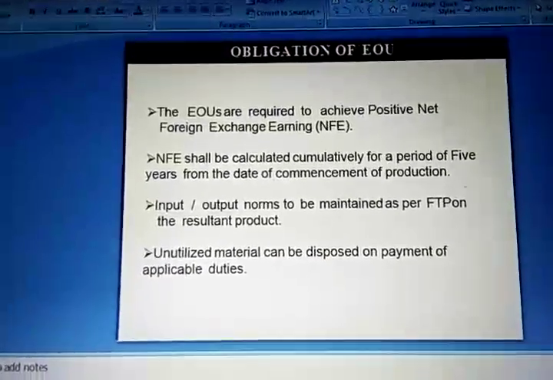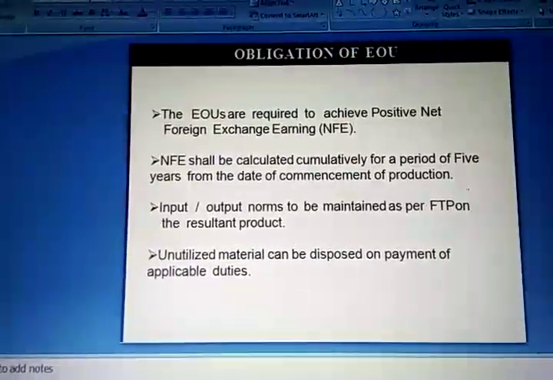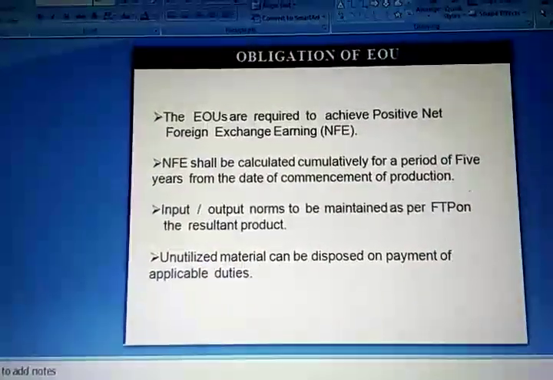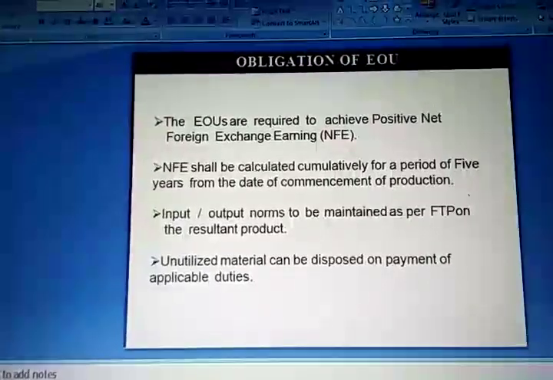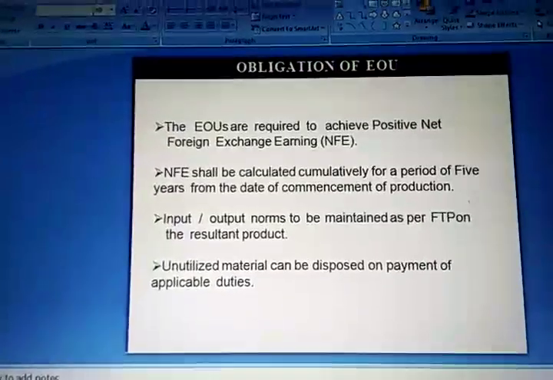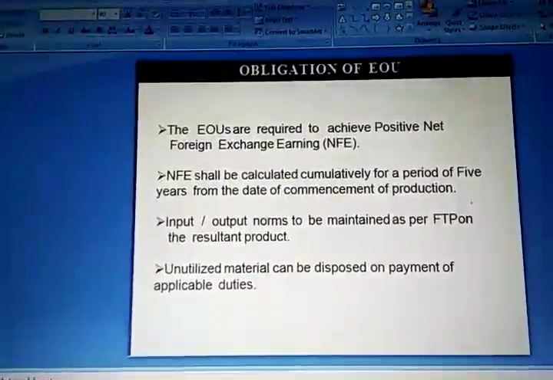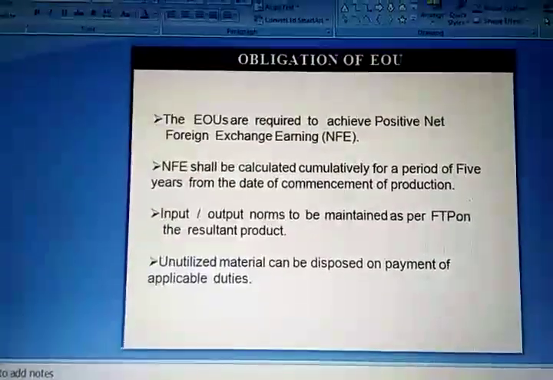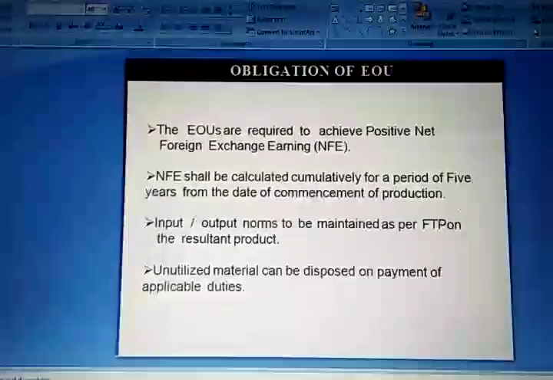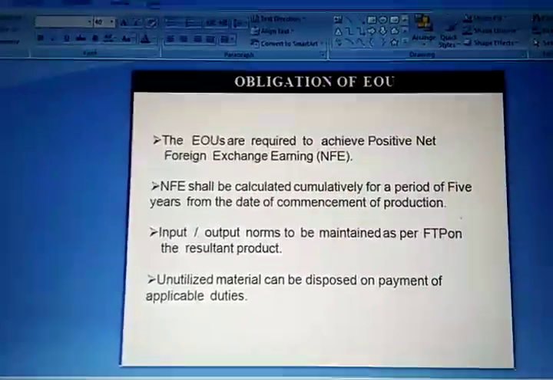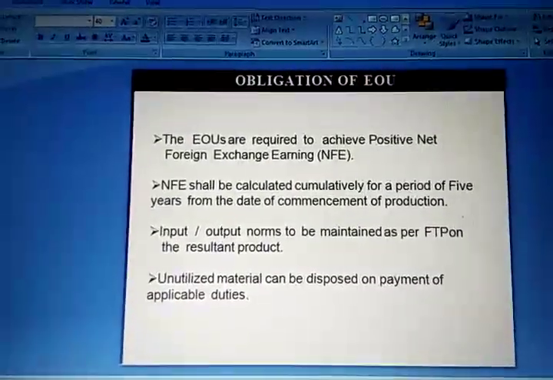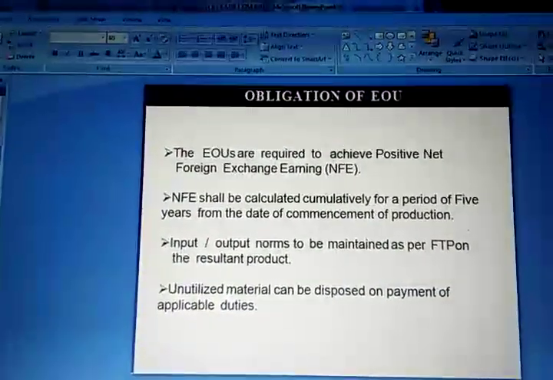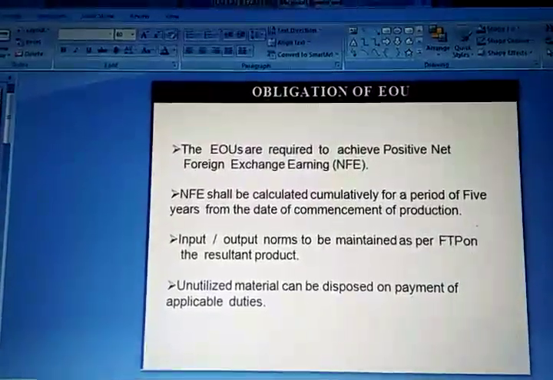Then we discuss the obligation of EOU. The first one is that EOUs are required to achieve positive net foreign exchange earning, NFE. NFE shall be calculated cumulatively for a period of 5 years from the date of commencement of production.